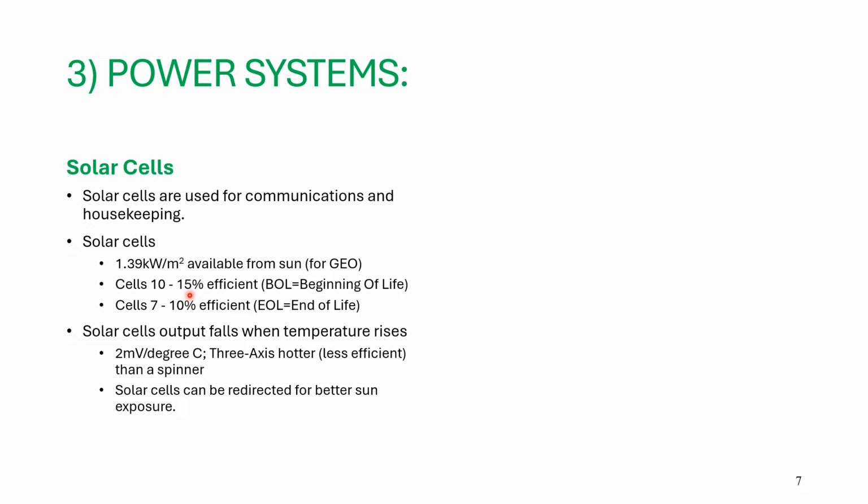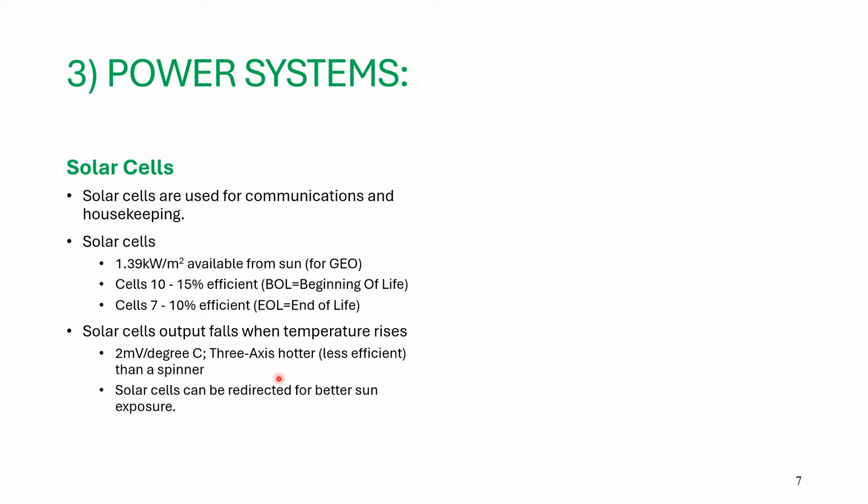Solar cell output falls when temperature rises. So we expect that as the temperature increases, the performance will become less. Although they are solar cells, they need lower temperature. That's about 2 millivolt per degree centigrade. A 3-axis stabilized satellite is less efficient than a spinner in that case.